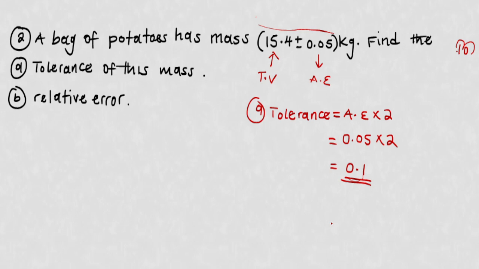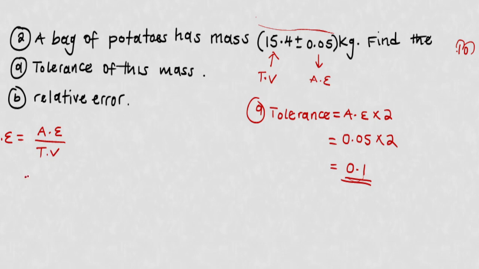Let's look at the other one. How do you find the relative error? I'll abbreviate it as RE. Relative error is given by this formula: absolute error divided by the true value.